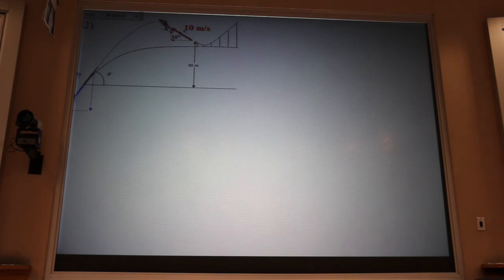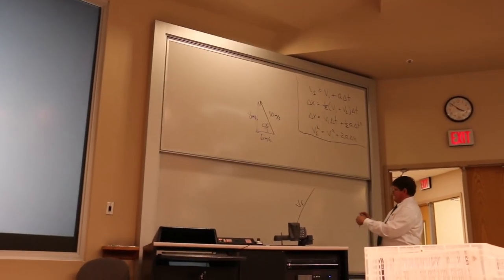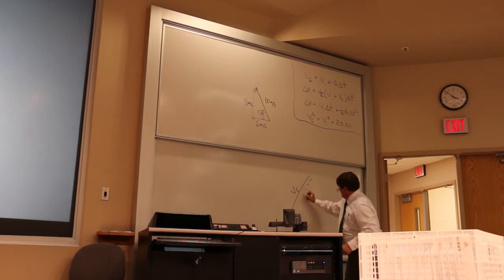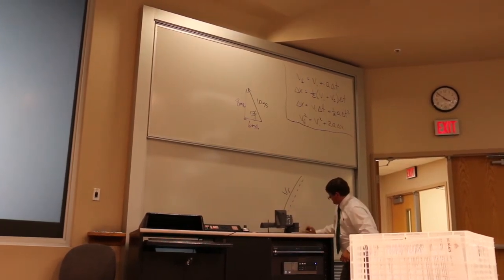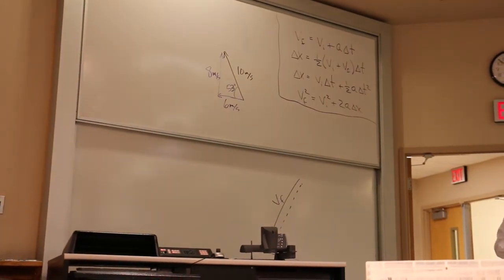So in other words, if he comes down with a final velocity like that, we would like the hill to look like that. And we want to know what angle we should make that hill.